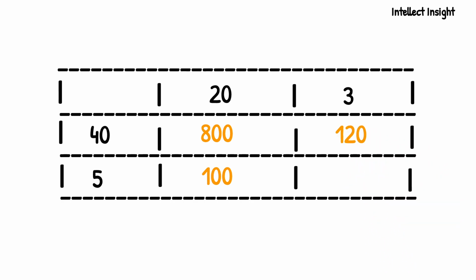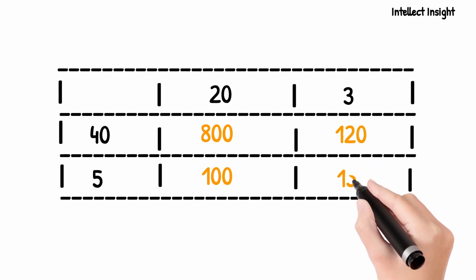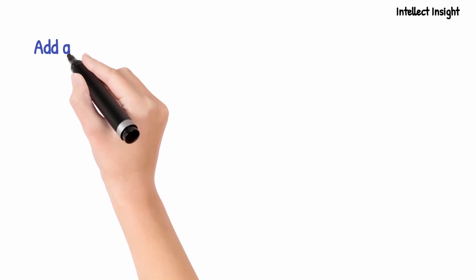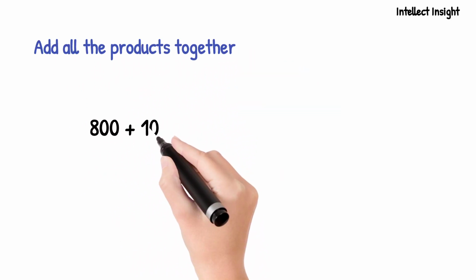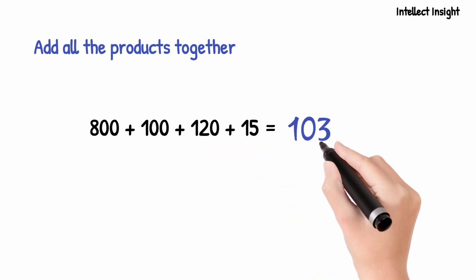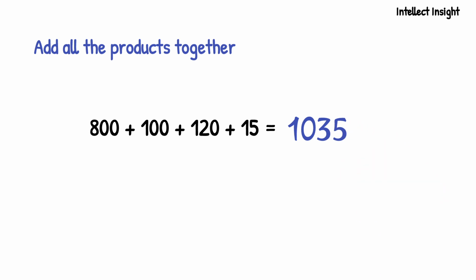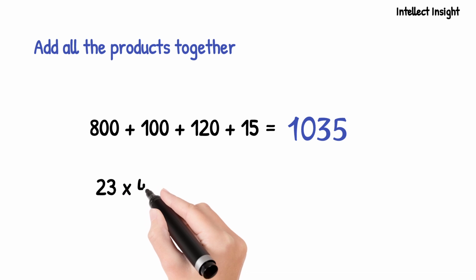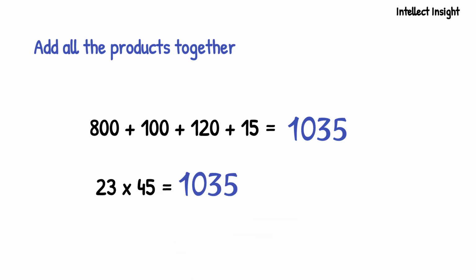And 3 multiplied by 5 is equal to 15. Now add all the products together. 800 plus 100 plus 120 plus 15 is equal to 1035. So 23 multiplied by 45 is equal to 1035.